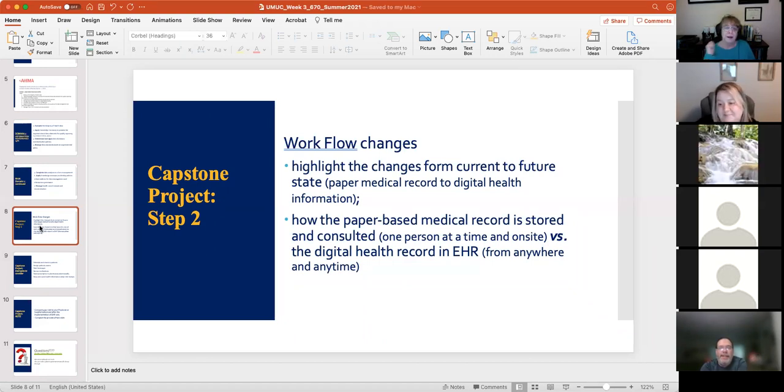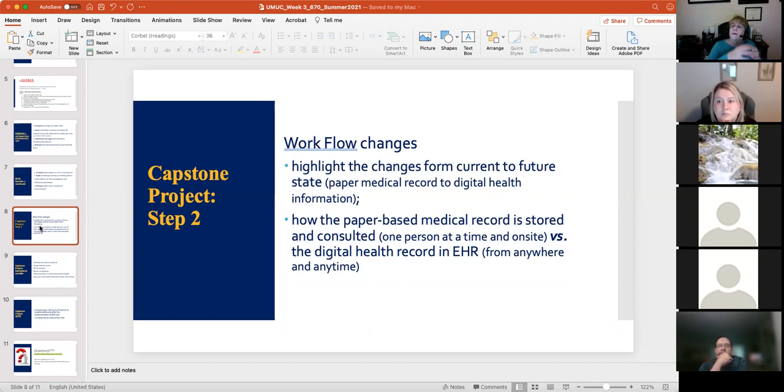Not my fault. Okay. So you need to look at how workflow has changed from when they were using paper to now that they're using electronics. For example, one of the great things about using EHR is the fact that the nurse can be putting notes into the patient's chart while the coder is looking at the chart, or while the biller is working on that chart.